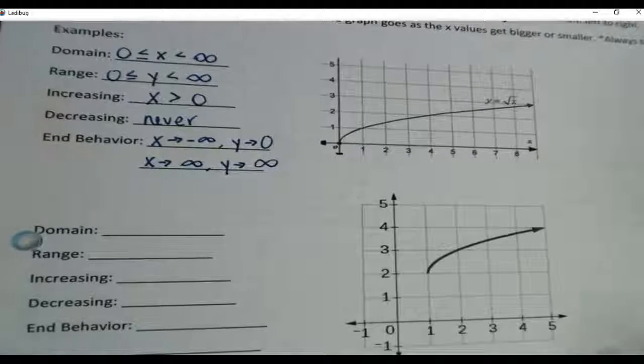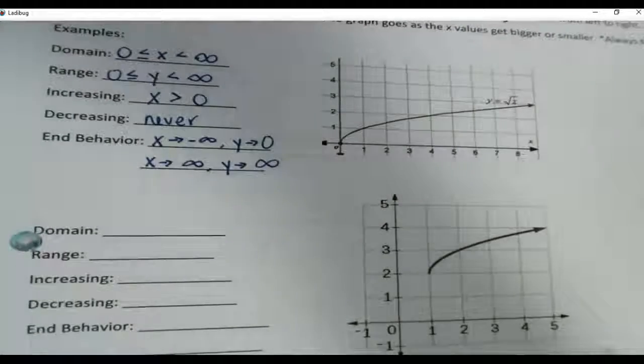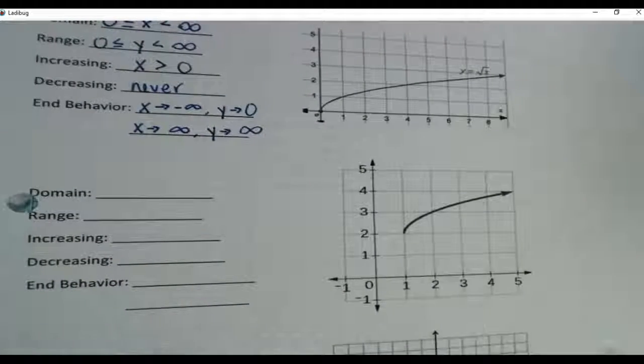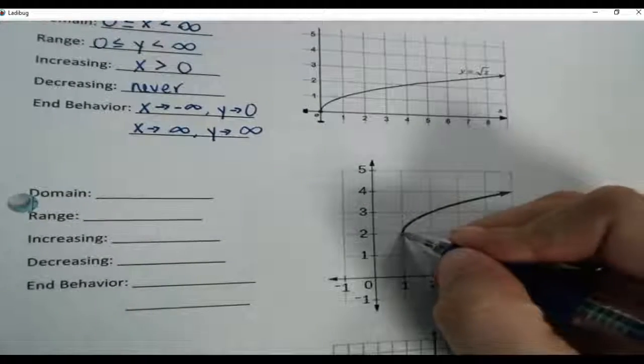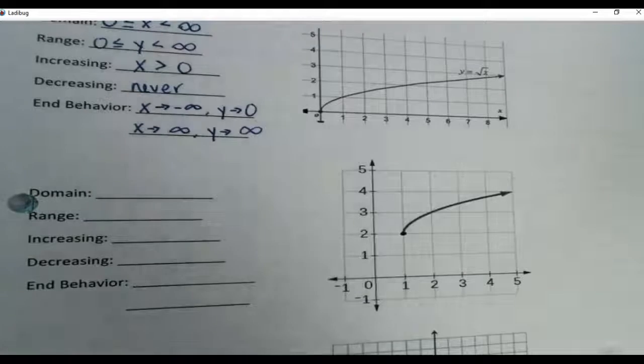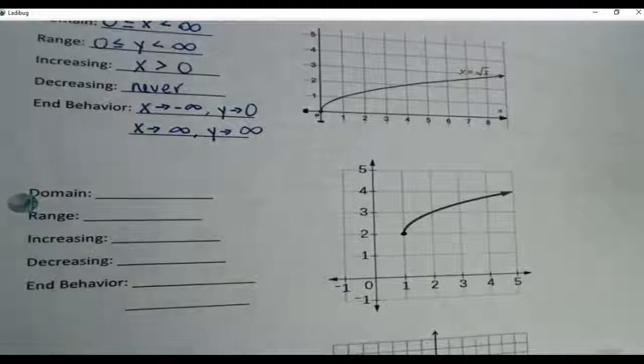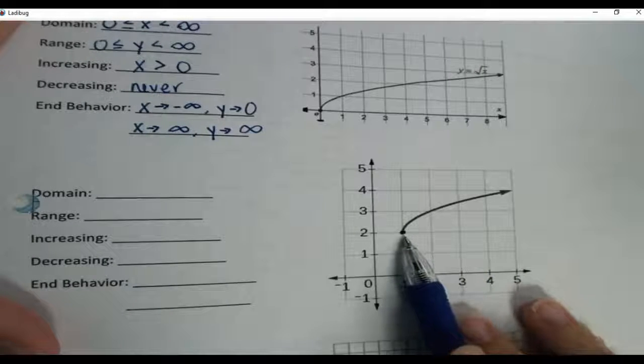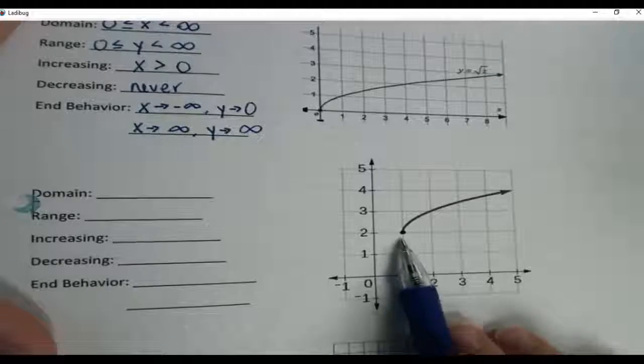Alright, let's look at one more together. So let's look at this one. On this one, our special little starting point here is at 1, 2. So if we're looking at the domain, again, we want to know how far left does it go, how far right does it go. So this one goes to the left until we get to 1.